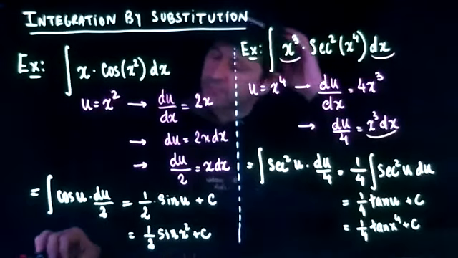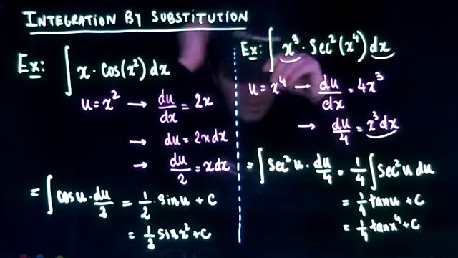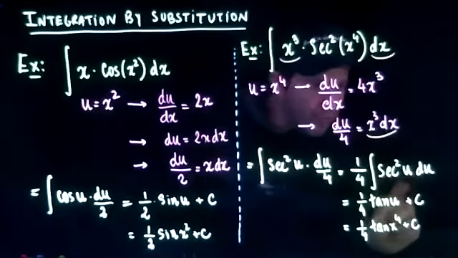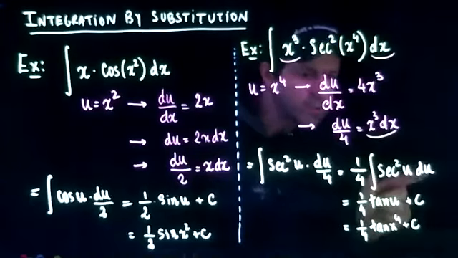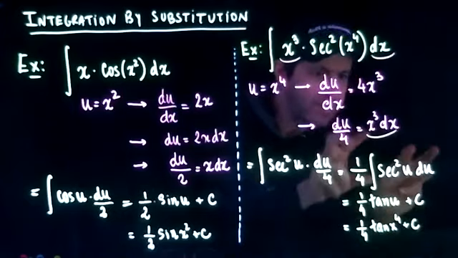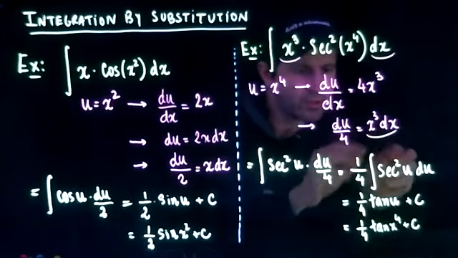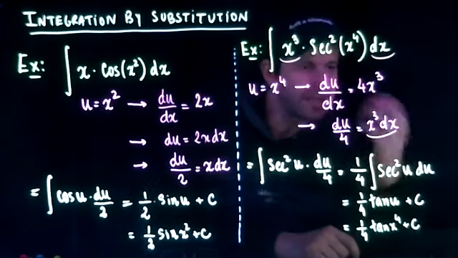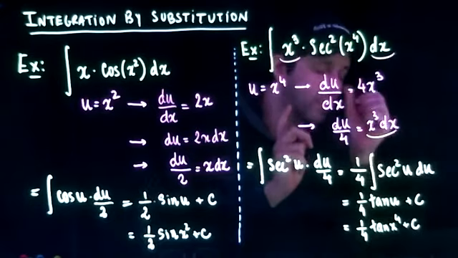Always remove the dx at the end, right? The integral sign is like an operator on this function. It comes to this function and transforms it into the antiderivative. Once I found the antiderivative, I don't need the operator anymore.